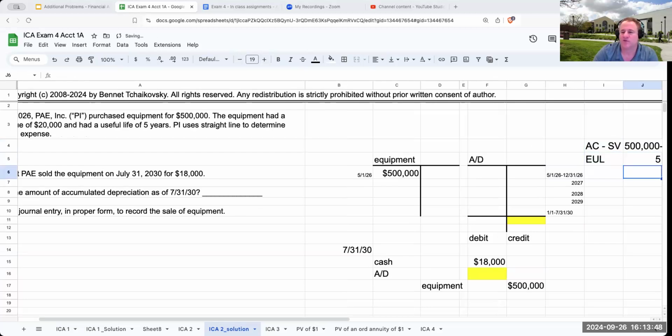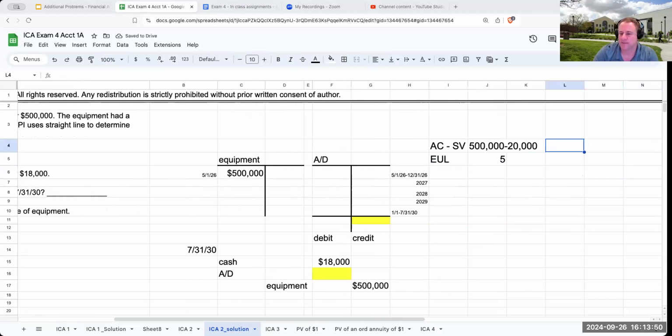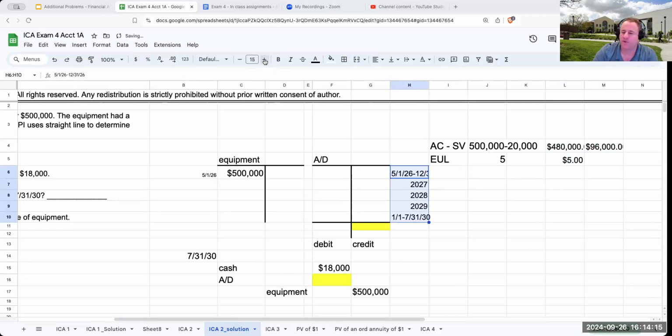My estimated useful life is 5 years. So this is going to be 480,000 divided by 5. The amount I would take in depreciation expense each year would be $96,000.